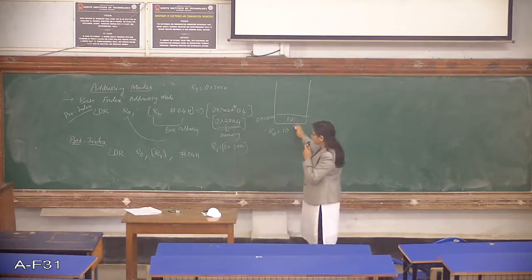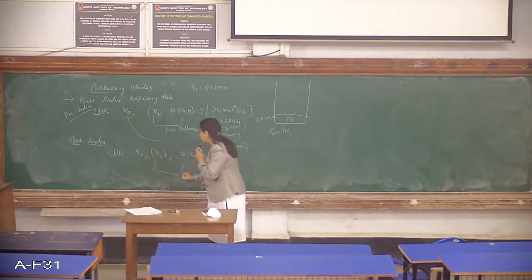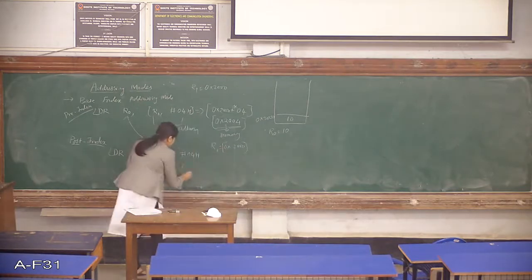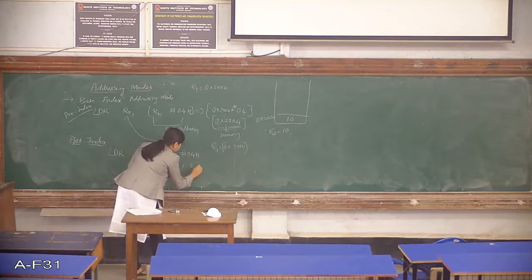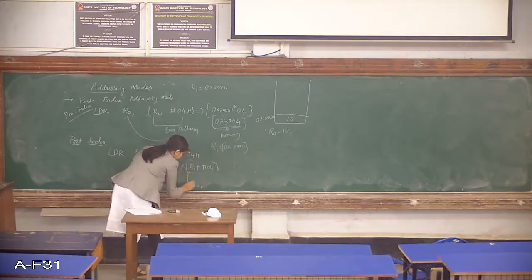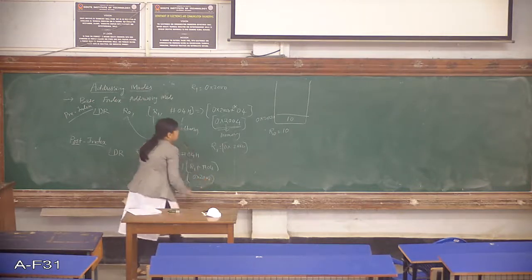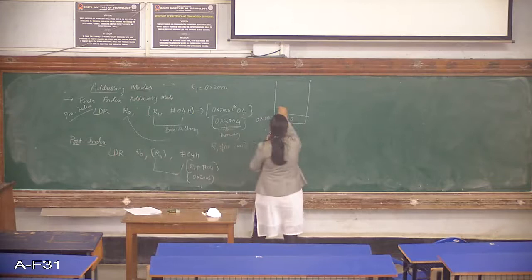Once this has been done, later on it calculates the address. What it does here is, it adds R1 with the immediate value 04. So you will be getting the base address as 0x2004.